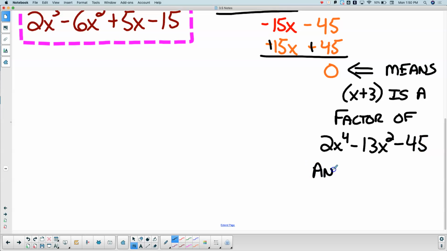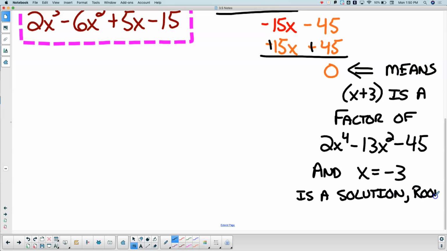And it means that x equals -3 is a solution, a root, a 0, or an answer to the function. Yeah.